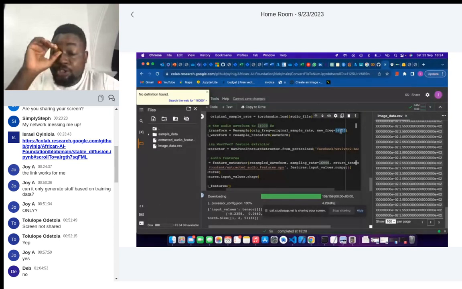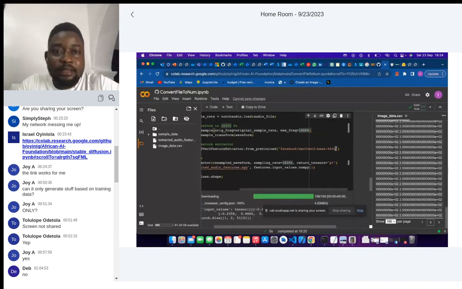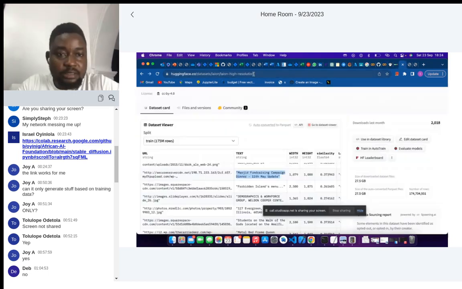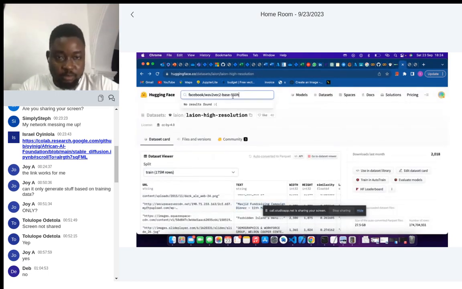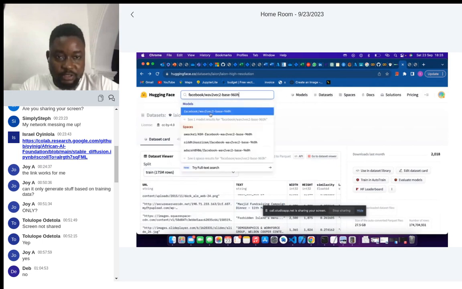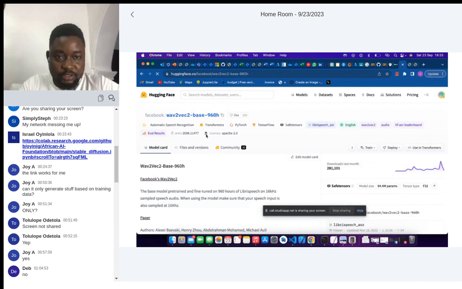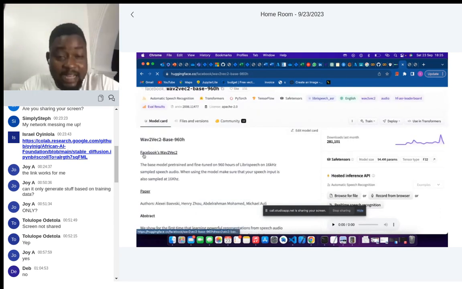But they built it at 16,000 hertz. This is the model right here. You can find it on Facebook's page. Fantastic, Wav2Vec. The base model pre-trained and fine-tuned on 960 hours.